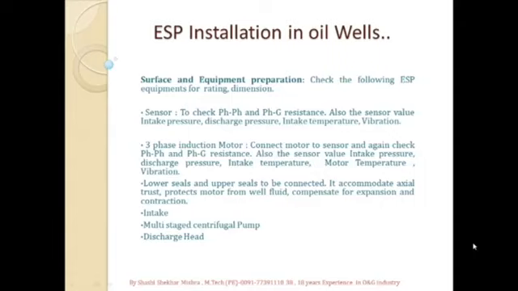Then we take the two seals, the lower seal and upper seal, and connect them on the surface itself. Sometimes we put a separator with the seals in case of a high GOR well.